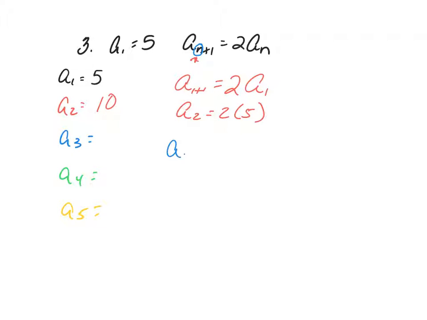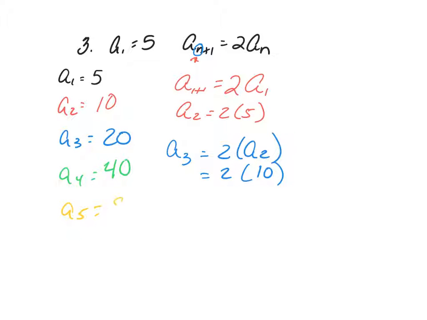So a3 would be equal to 2 times a2, which is 2 times 10, which is 20. So now you see a pattern. All you're going to do to get a4 is multiply the one before it by 2. So that's 40. And then to get a5, you multiply the one before it by 2, and that's 80.